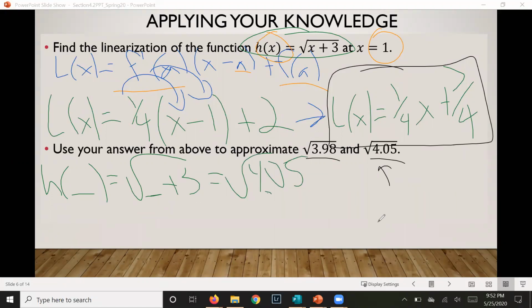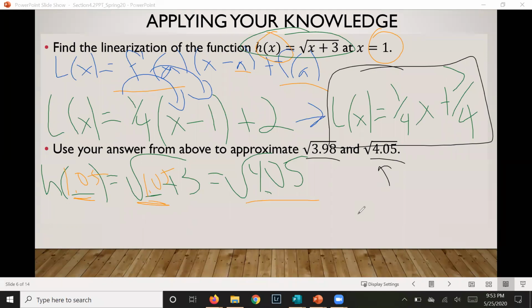Now let's be very careful. Notice that what I would be plugging into the function here would not be 4.05, right? Because I have to take whatever I plug in and add it to 3. So what would I actually be plugging in here? Looks like I'd plug in 1.05, right? Because if I do 1.05 plus 3, that's going to give me the 4.05.